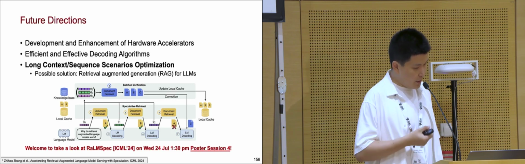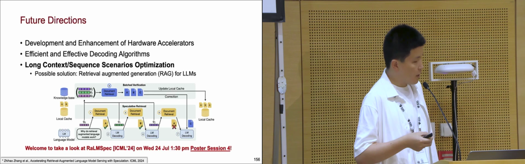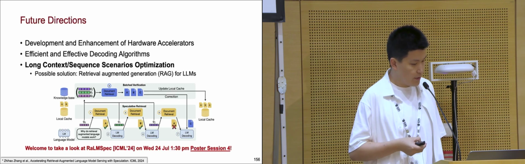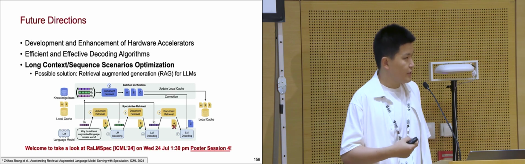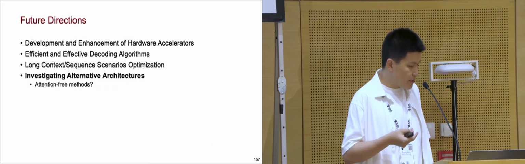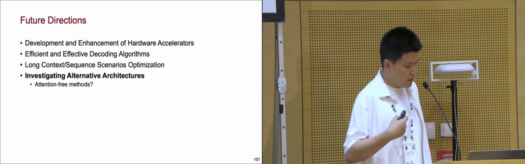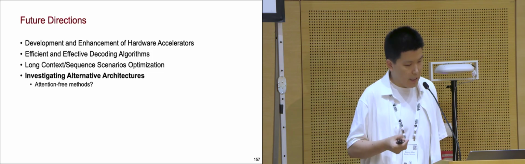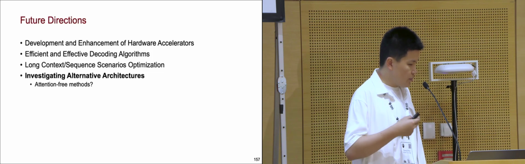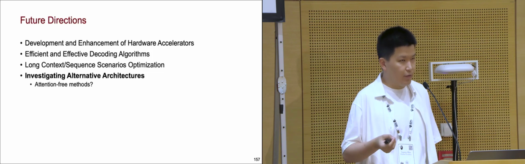And the third part is about long context or long sequence scenario optimization. We have introduced a lot of system-level optimizations, such as memory management or distributed sequence parallelism approaches to parallelize the long sequence handling. But here, what I want to mention more is at the algorithm level.